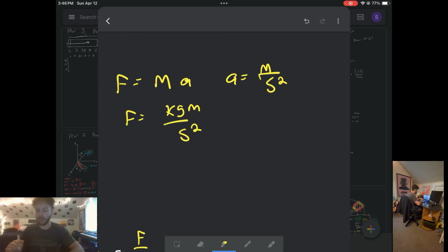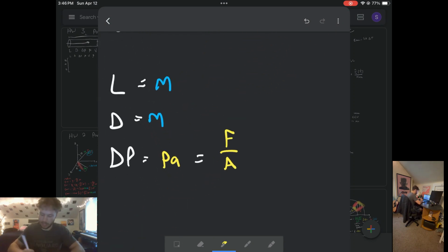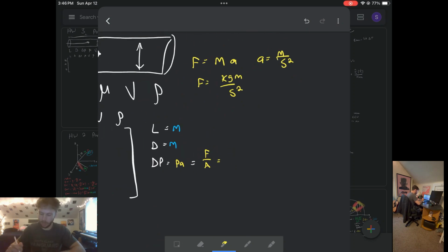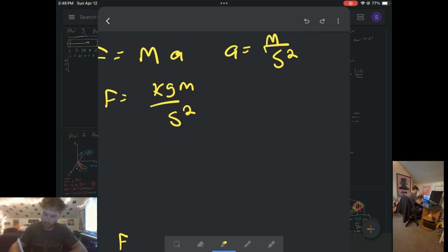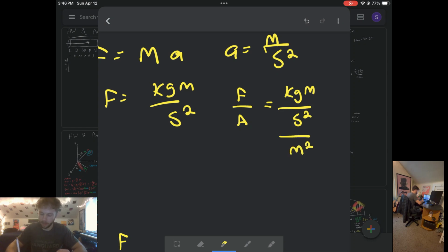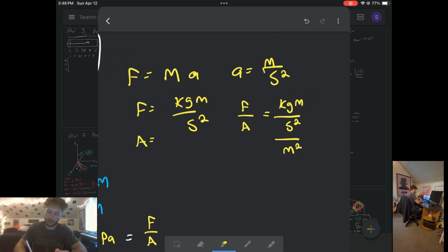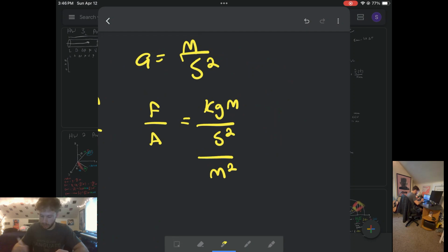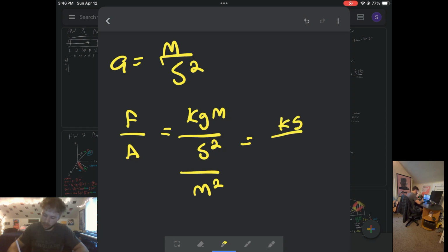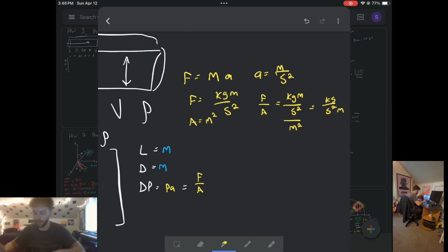And since this is divided by an area in our pressure drop here, our F over A will be described as kilogram meters per second squared per meter squared, as we know area will be meter squared. So canceling out our units here, we'll be left with kilograms per second squared meters.